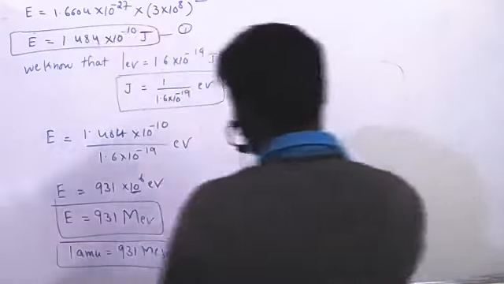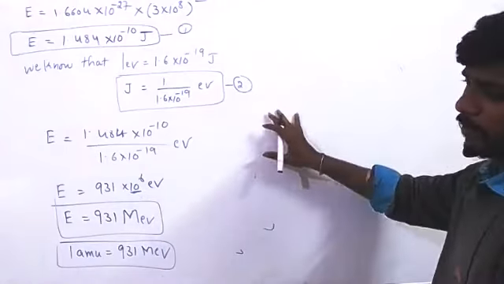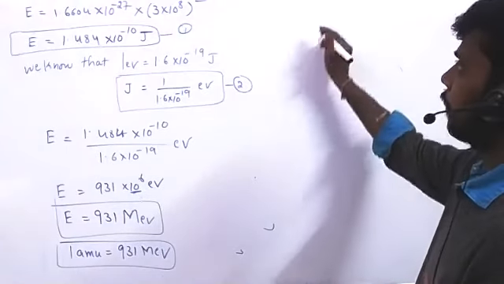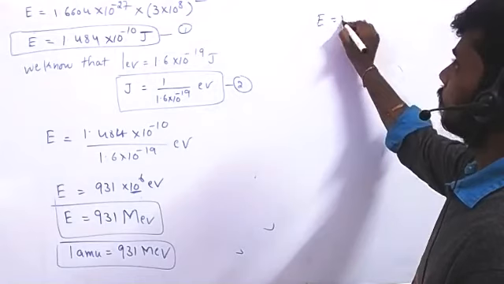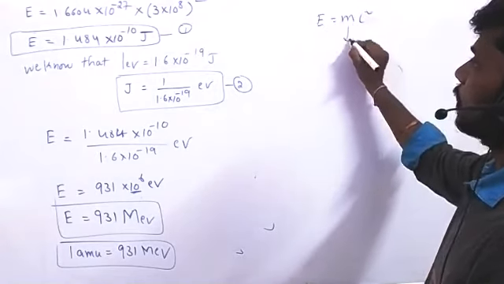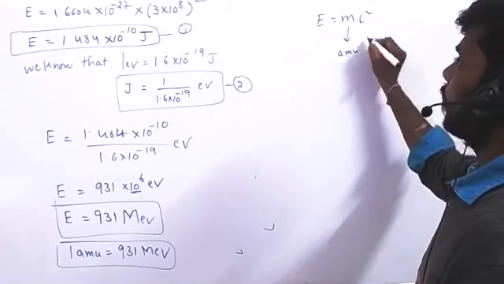Very easy. For the relation between energy and AMU, we take Einstein's equation. In place of mass, take AMU; in place of c, take the speed of light.